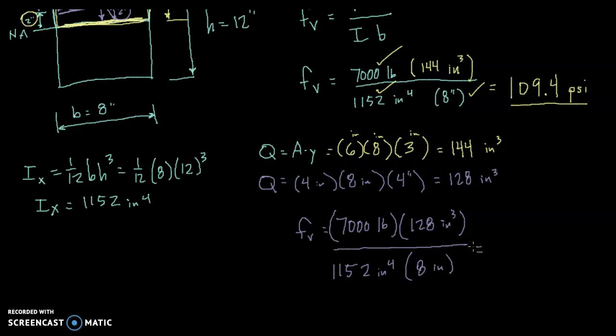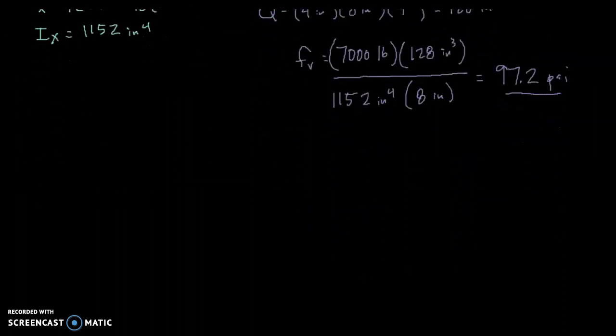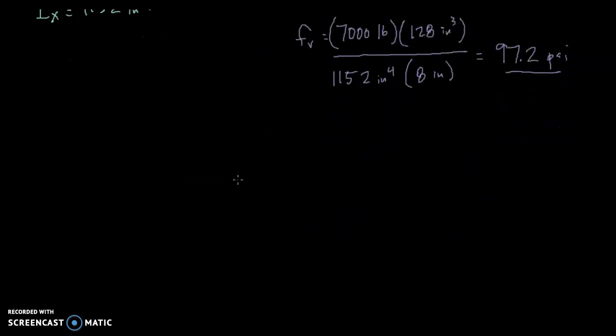So if I calculate this, it is now 97.2 psi. So we can see it's going down. It's not as great as it was at the neutral axis. And if we were to do part C of this problem, we would find that it would go down even more.